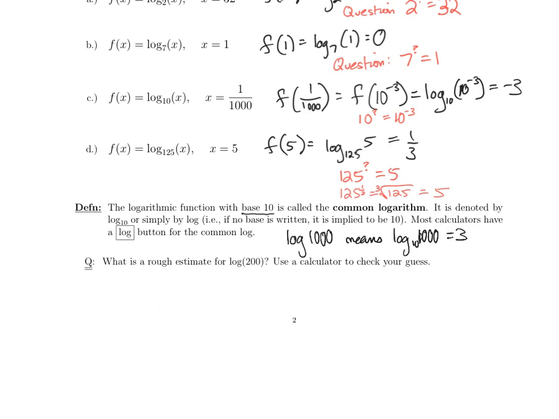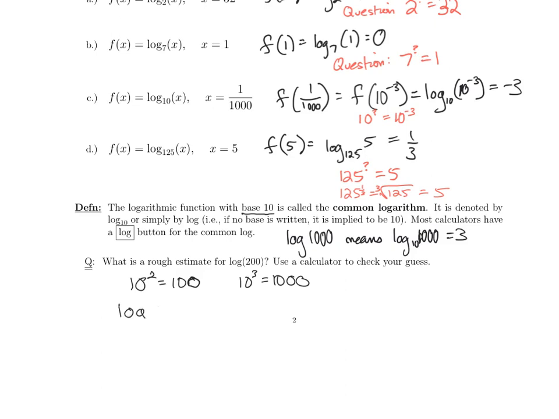So if we want to come up with a rough estimate for log of 200, a very rough estimate, we could find by looking at what are some powers of 10. So remember, 10 squared is 100. 10 cubed is 1,000. So it's going to be somewhere in between there because 200 is between 100 and 1,000.